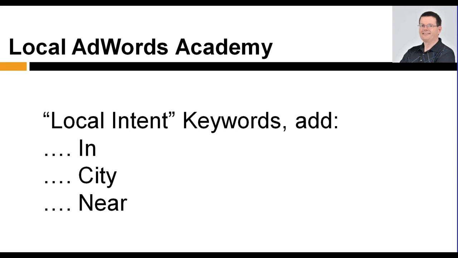Car repair Boca Raton. So by adding that local intent, you nail down more that it is a local intent search. Same with near. Many people look in Google and enter local car repair near. So you make that local intent.